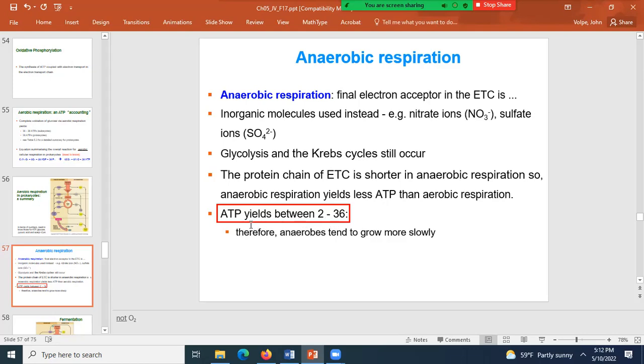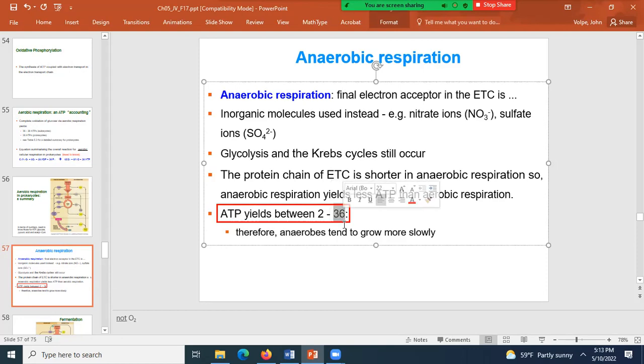So it depends on which form of anaerobic respiration. Some of them are very efficient and are almost as efficient as aerobic respiration, like the ones generating 36 molecules of ATP.